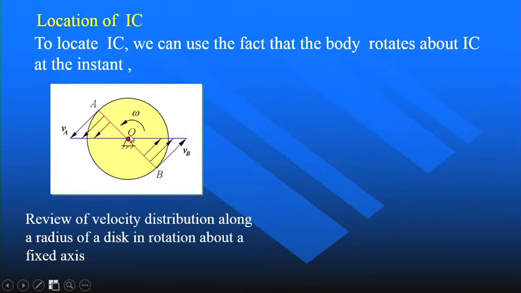That means as the radius increases, the velocity increases proportionally. And those directions are all perpendicular to the diameter. So this is what we have learned in the rotation of a body about an axis.